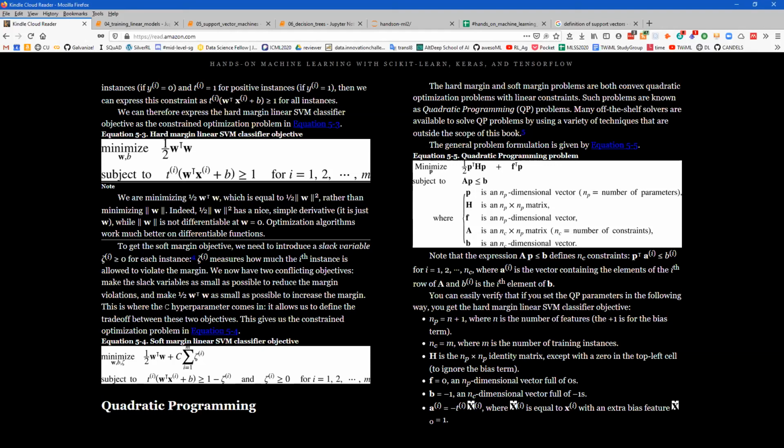Which means when you increase C, you increase the margin, which will increase the margin violations, which would reduce the underfitting or bias, and will increase the variance. So that's the answer right here.